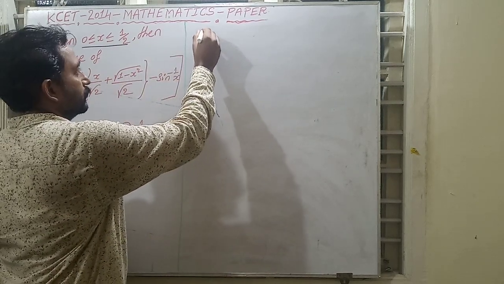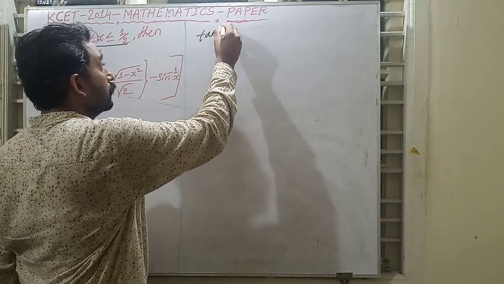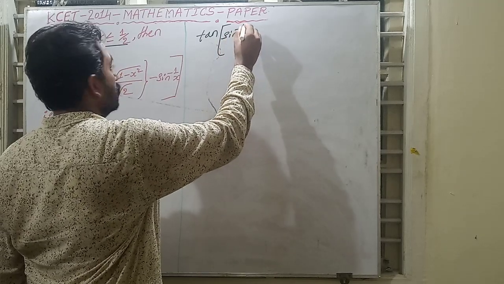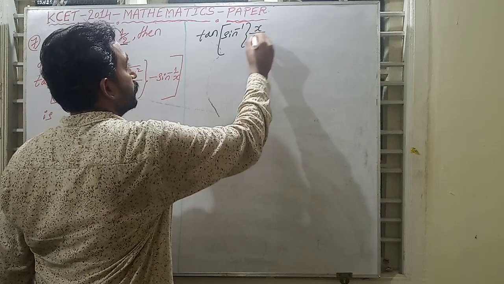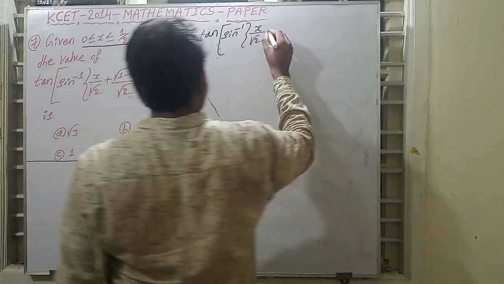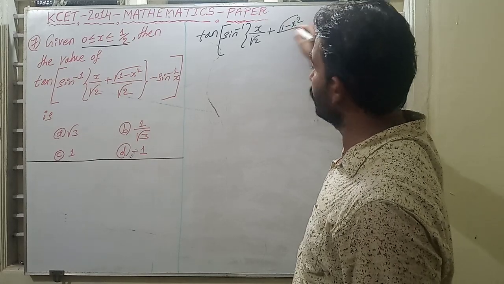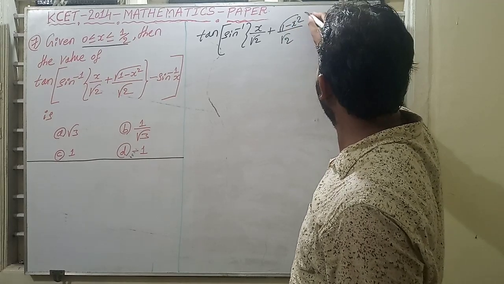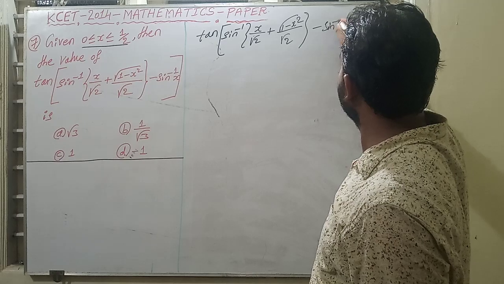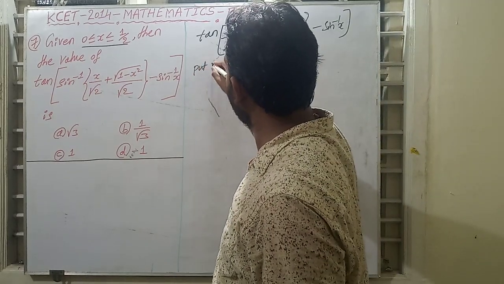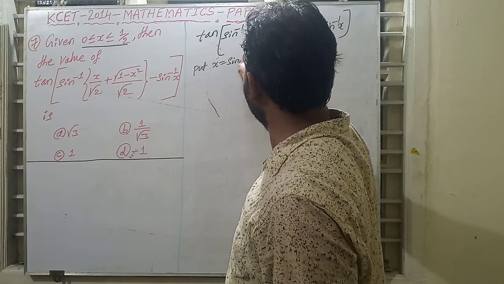So first take the problem tan of sin inverse of x divided by root 2 plus square root of 1 minus x square divided by root 2, minus sin inverse of x. So put x is equal to sin theta.